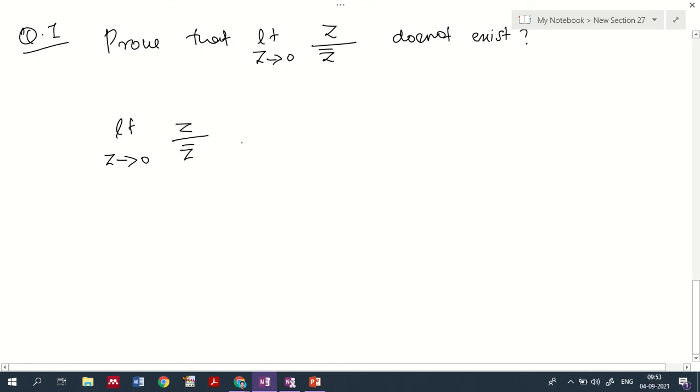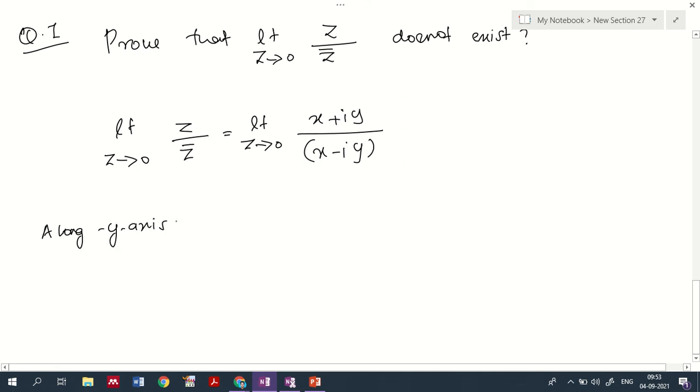We can write z as x plus iy, divided by z bar, which is the complex conjugate of the complex number, that is x minus iy. Now consider the path along the y-axis.